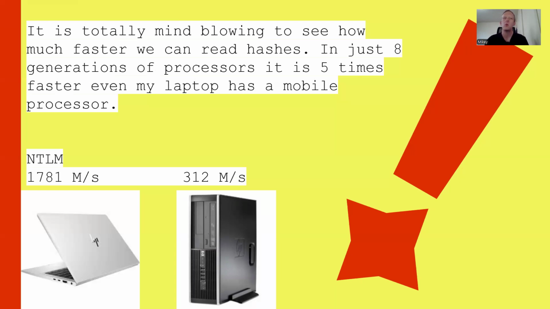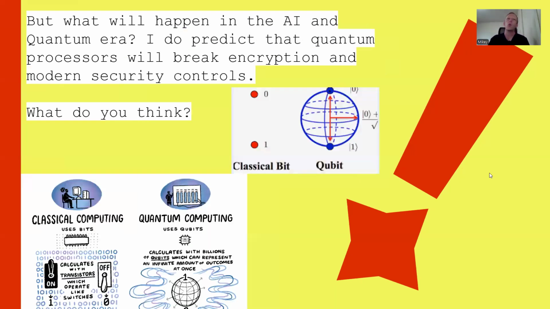Okay, so what do you guys think about that? Is that too fast? Is technology moving too fast? Well, it's going to move even faster. With the AI era and the quantum era just dawning, we're going to move from classical bits to qubits, or quantum, meaning multi-dimensional, not just bidirectional.